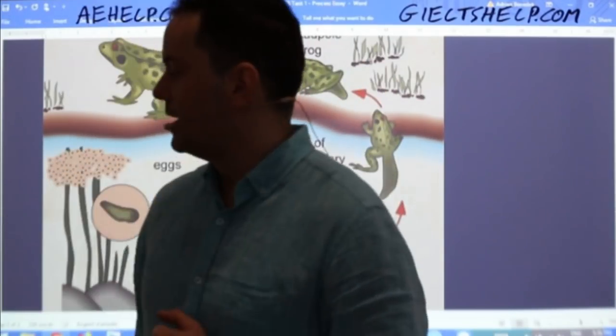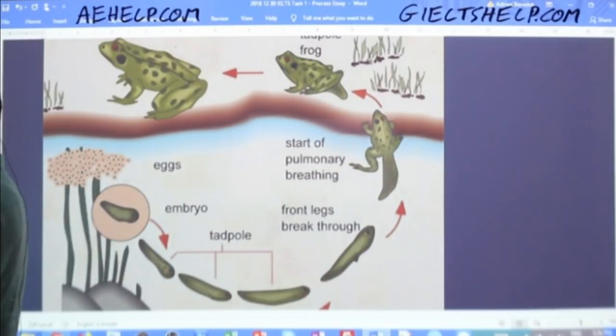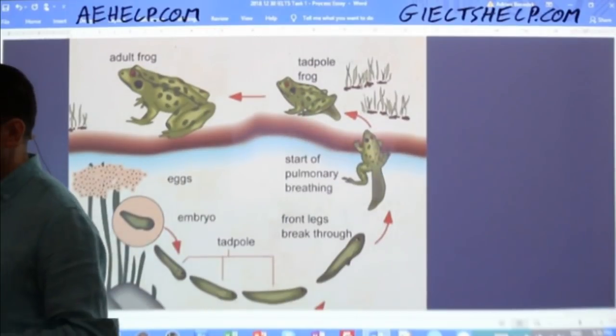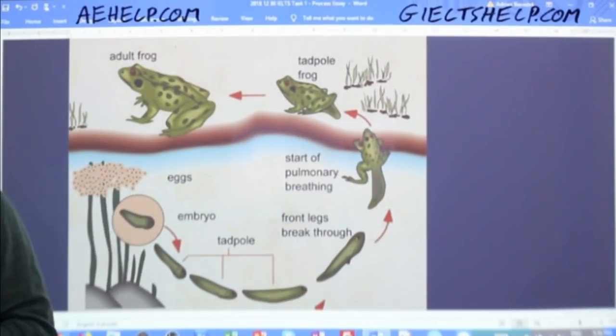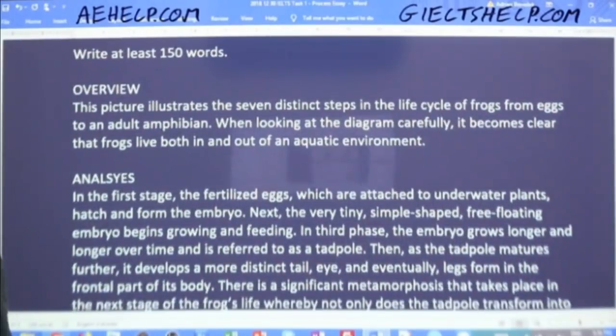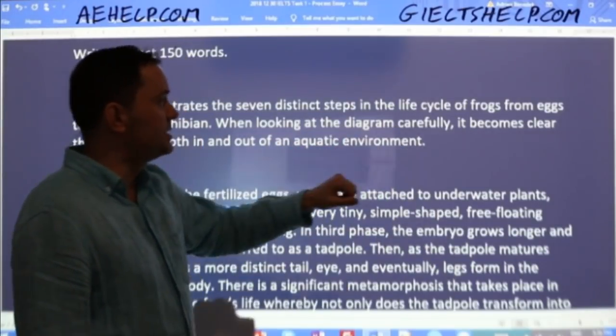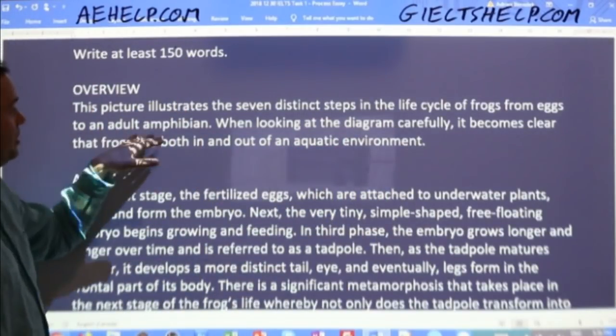Okay, so in this case, what can we write for the summary? So if we look at this picture carefully, what can we write for this summary? There's definitely something that we can state here looking at this picture. If we go back to the overview, it says, this picture illustrates the 7 distinct steps in the life cycle of frogs from eggs to an adult amphibian.